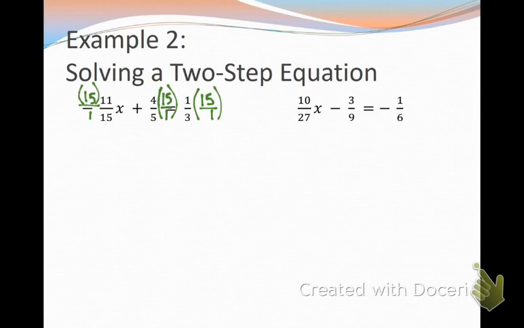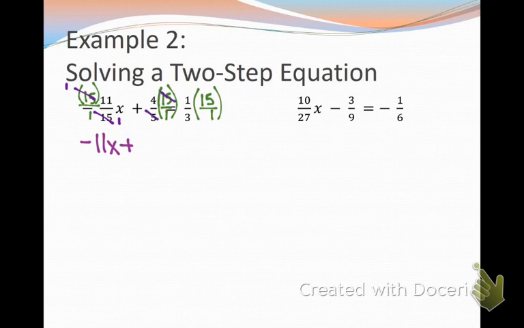When I cross-reduce, it's going to be different for each fraction depending on their denominator. For example, in the first fraction, the 15s cross-reduce down to 1. 15 cancels and 15 cancels down to 1. And so now 1 times negative 11 is negative 11x. Well, on the second fraction, what would it reduce down to? 3, right?